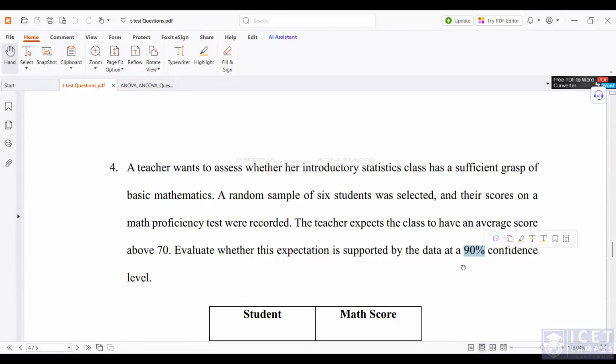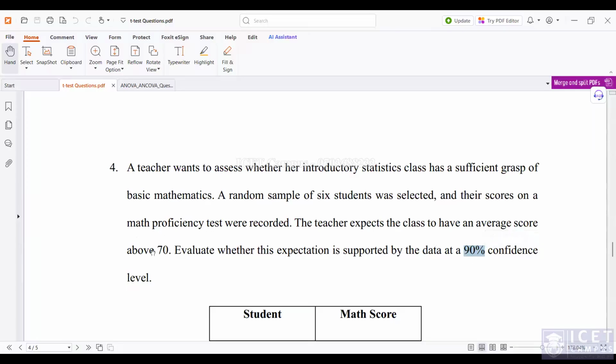Therefore, what is our decision rule now? If the calculated p-value is less than 0.1. How is this 0.1 taken? 100 minus 90, the error rate is 10%. 10% means 10 over 100, which means 0.1. Therefore, now we have to consider 0.1.